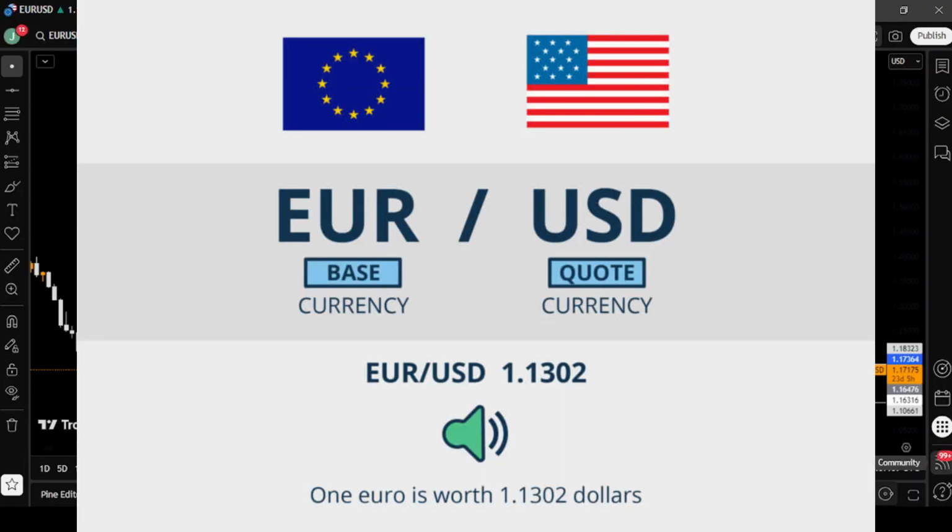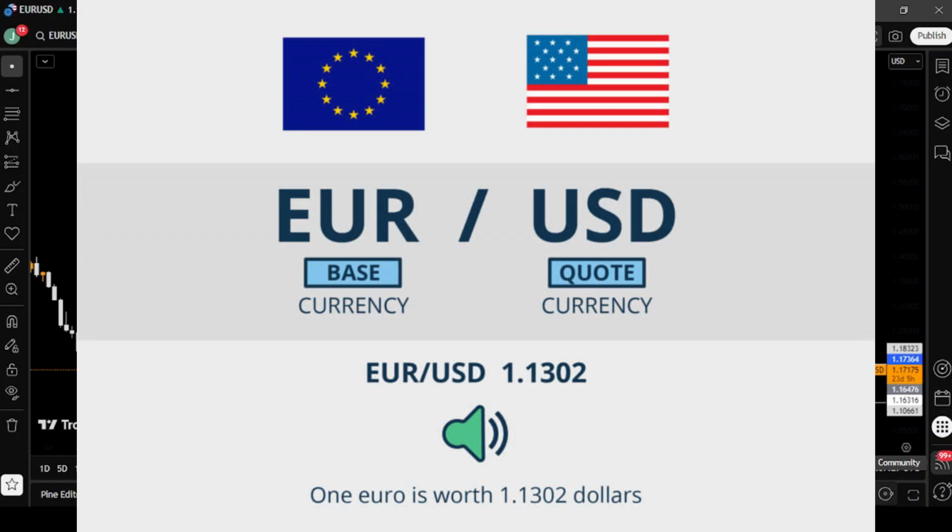An example of a paired currency is Euro USD. We want to buy Euro using USD, with Euro as the base currency and USD as the quote currency.